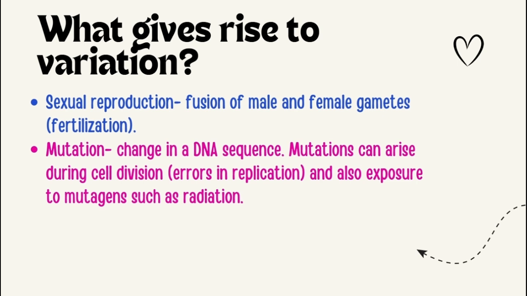And we said before that variation comes from sexual reproduction, the fusion of male and female gametes, so fertilization has to take place, right? And another way that variation can come about is through a mutation, right? So mutation means that there's a change in the DNA sequence, right? So for example, during cell division, during the S phase, that's where DNA replication takes place.